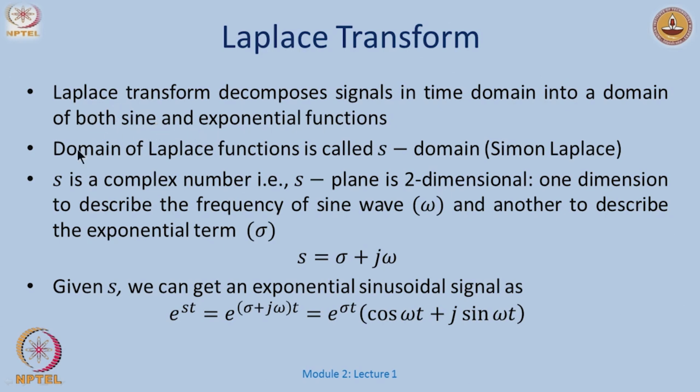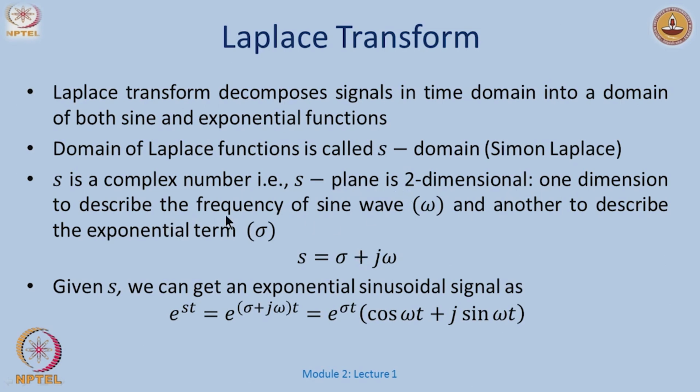Okay. So, this domain is called the S domain or the Laplacian domain, invented by Pierre-Simon Laplace, and I think the S comes from Simon. Okay. So, S is essentially a complex number, right. S is usually sigma plus j omega, that we learn in our basic signals course, and is 2 dimensional.